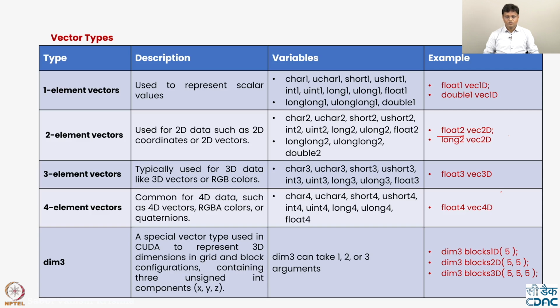So, we use float3, because 3 indicates how many values it can store related to the particular object.